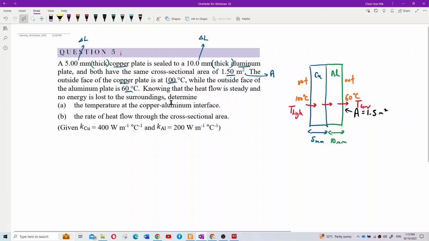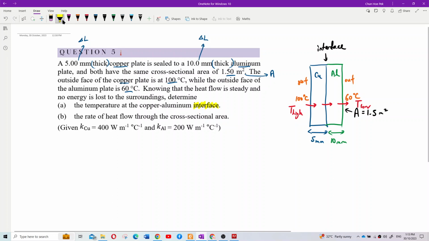And here you can see the interface, isn't it? The interface means here. This is the interface, joining copper and aluminium.